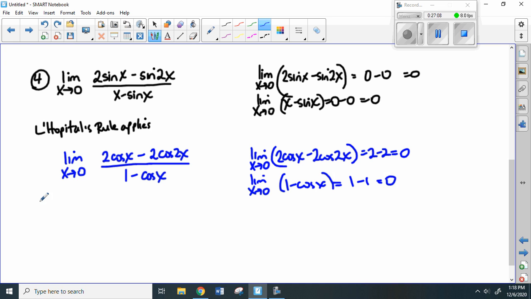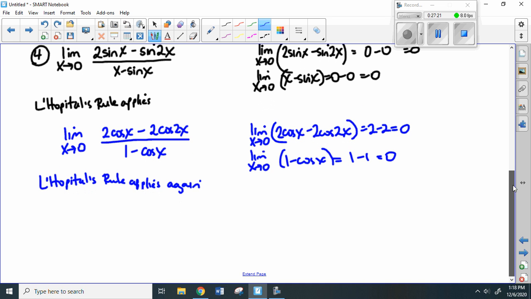So L'Hopital's rule applies again. Sometimes it takes longer to write it than it does to actually think through it. So then we're going to do it again.